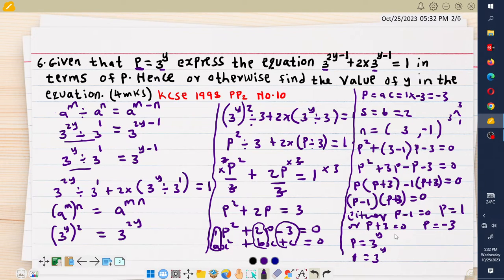Remember, a number to the power of 0 will give you 1. Therefore I can write 1 as 3 to the power 0, which should be equal to 3 to the power y, so the value of y will actually be equal to 0. That is the only possible value of y.